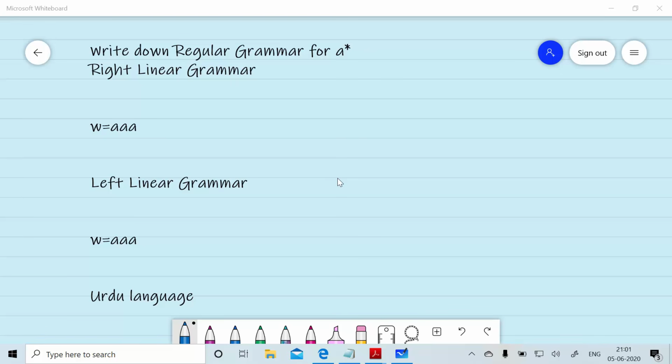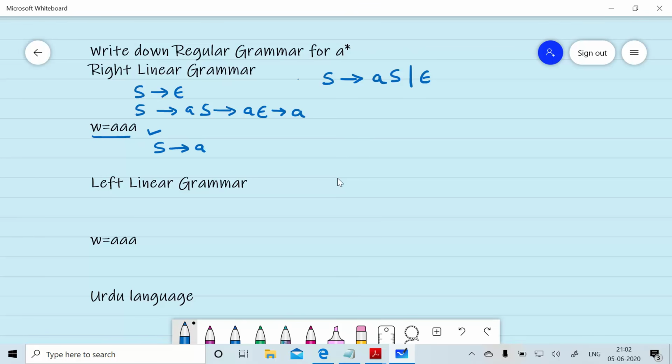Now let's design a regular grammar for a star. S can give aS or null. S can generate null, or S can be replaced by aS. Suppose we consider the string w is aaa. S gives aS.